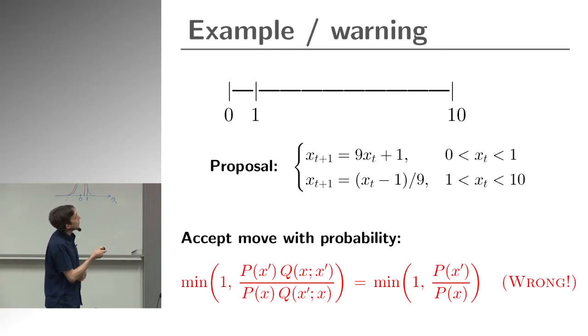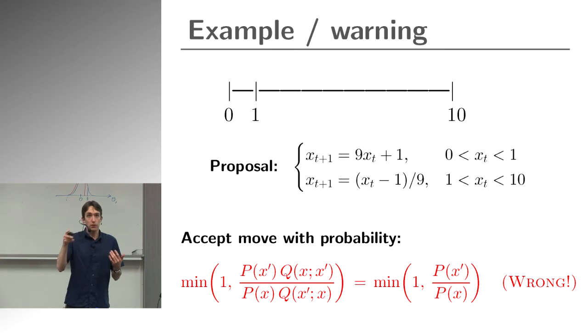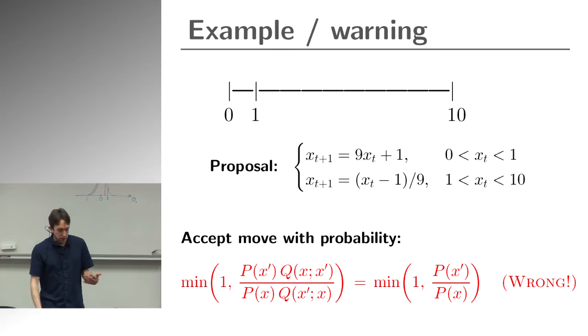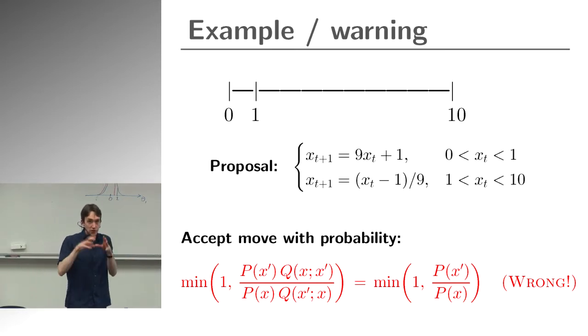So this move by itself can't explore the whole state space, because if you're at a current position, it will just ping you back and forth between two particular states. But if you combine this operator with other things, that's fine. Each individual operator doesn't have to be ergodic.